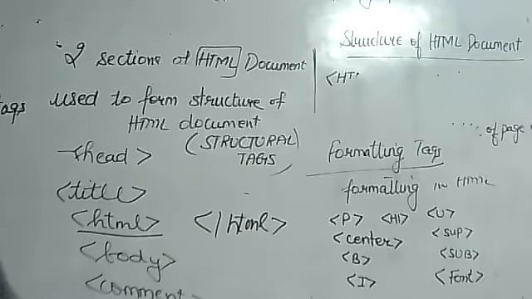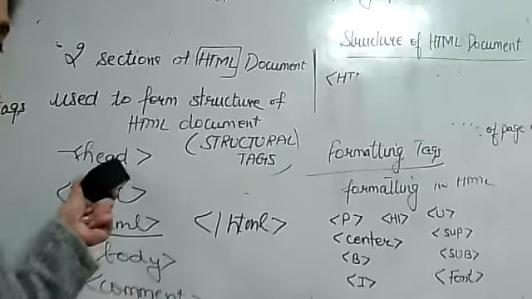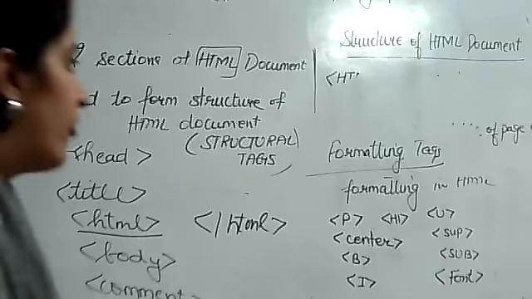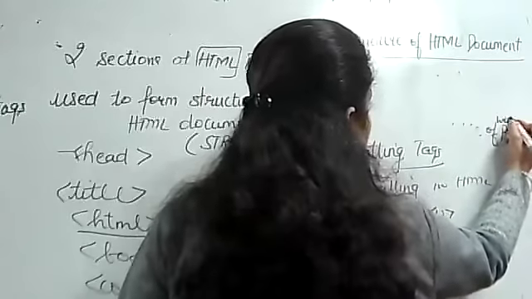Now the next is the head tag. The head tag is the child of the HTML tag. It is used to give header information. Next, the title tag. The title tag is to be used inside the head tag, and title is used to give the title of the web page.